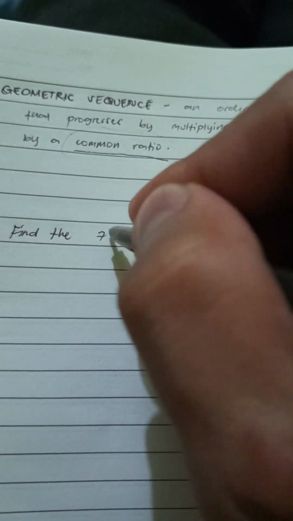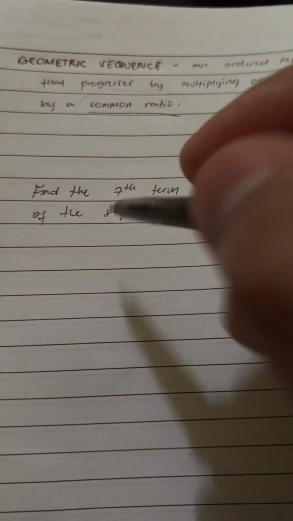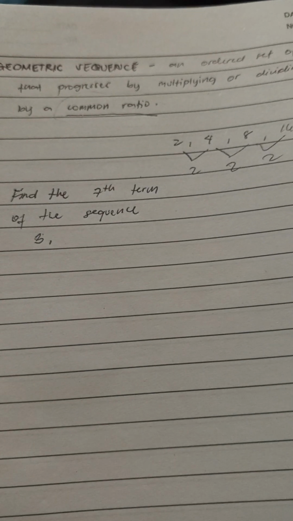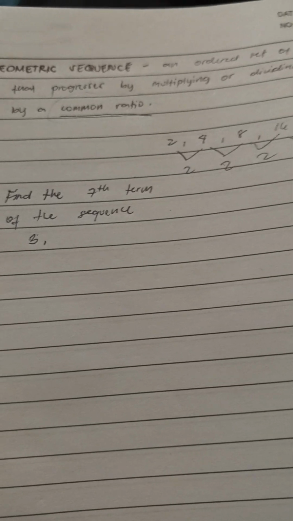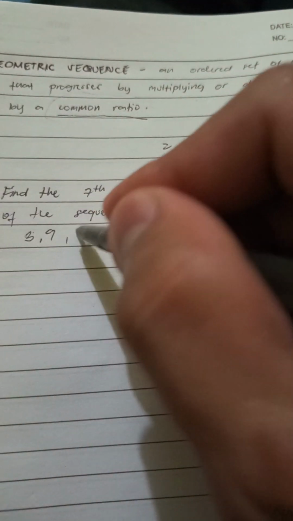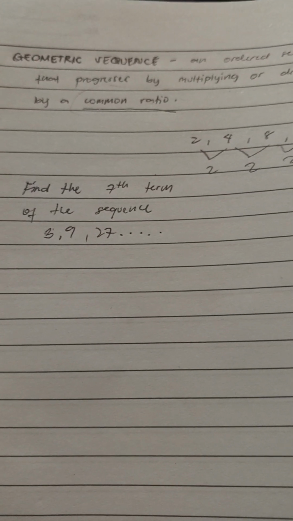Let's say, for instance, we need to find the seventh term of the sequence 3, 9, 27, and so on. So in this sequence, we need to find the seventh term.